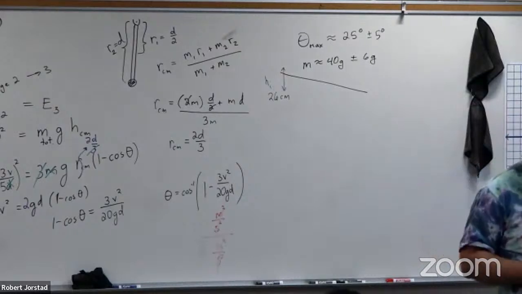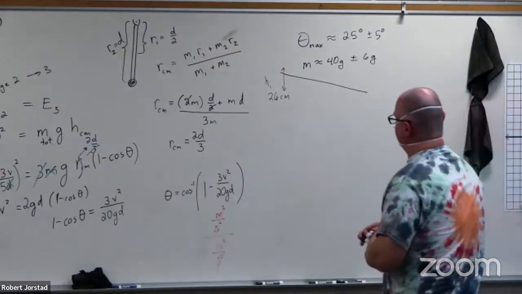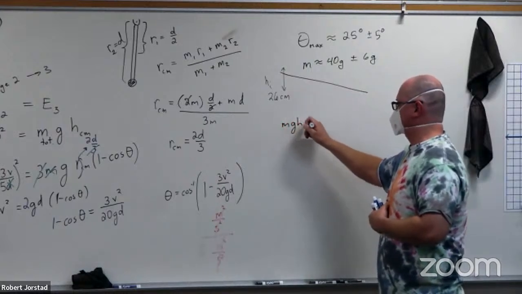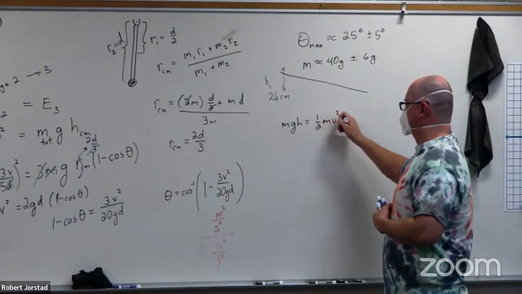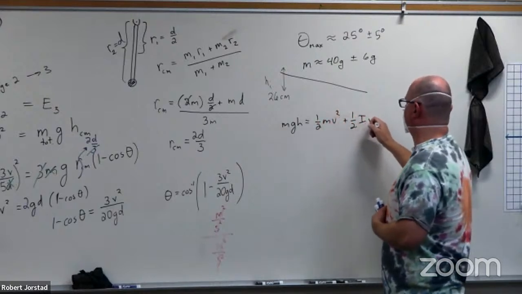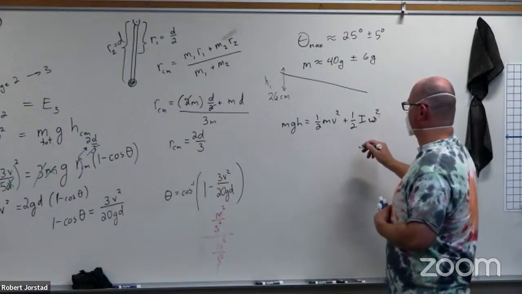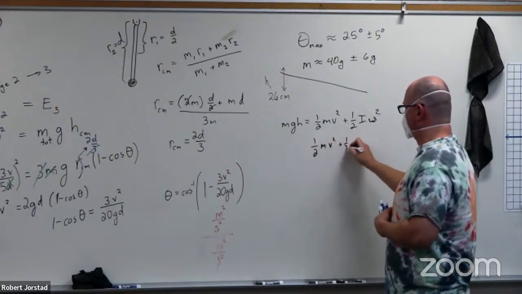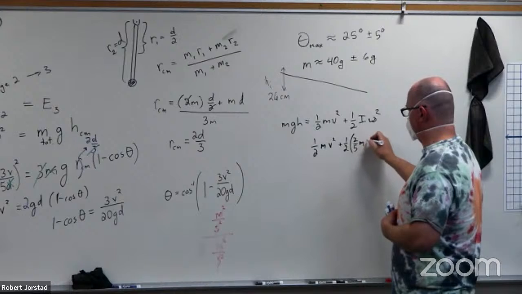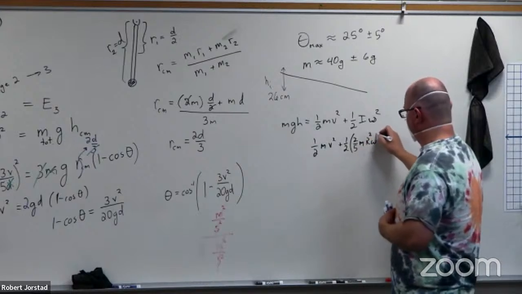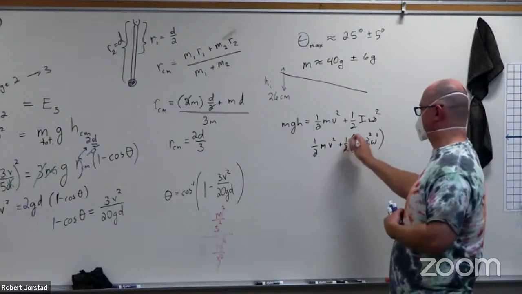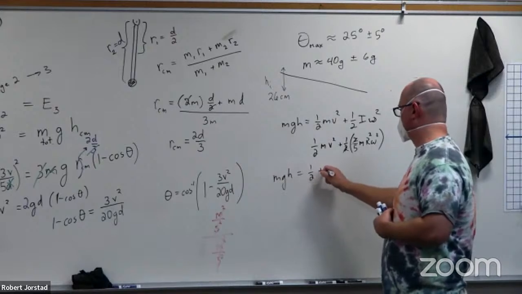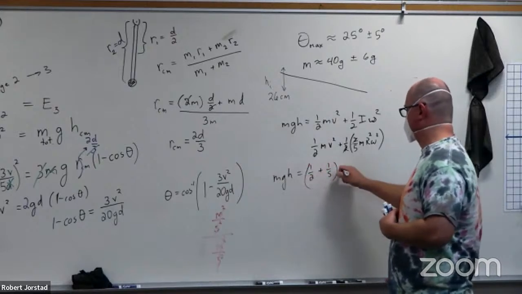So if you wanted to do this, remember we discovered the energy problem for this was mgh equals 1/2 mv squared plus 1/2 I omega squared, which we said was 1/2 mv squared plus 1/2, this is a golf ball, so it's 2/5 mr squared omega squared, which notice this cancels, and we get mgh equals (1/2 plus 1/5) mv squared.